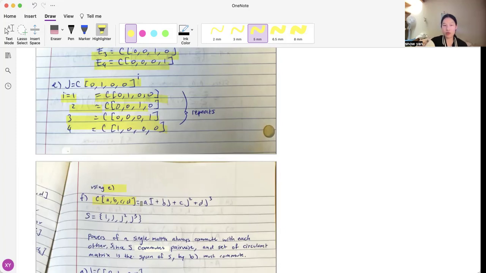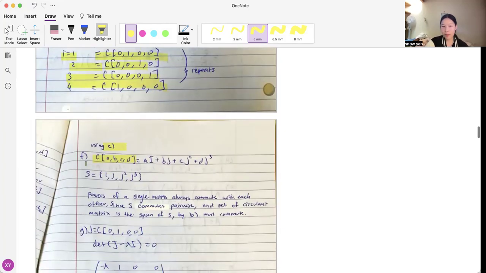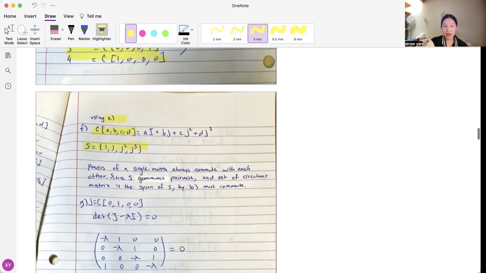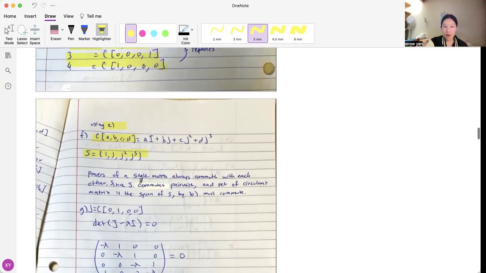That was the conclusion we got from part E. And we know that our basis is S, which is just 1, J, J squared, J cubed. So we know that the powers of a single matrix always commute with each other. Since S commutes pairwise and the circular matrices are the span of S, then by B they must commute. So it's a pretty straightforward logical reasoning.